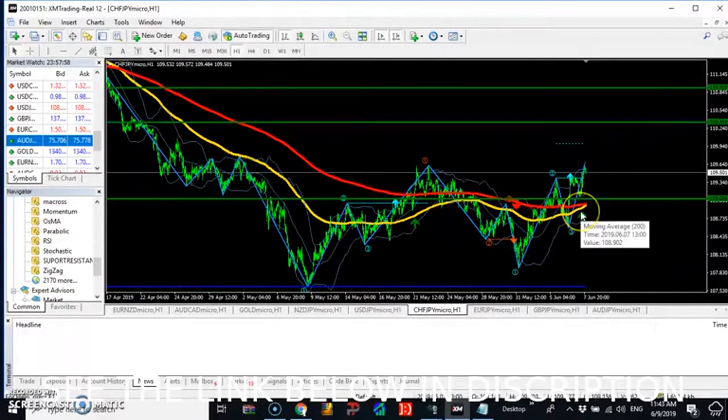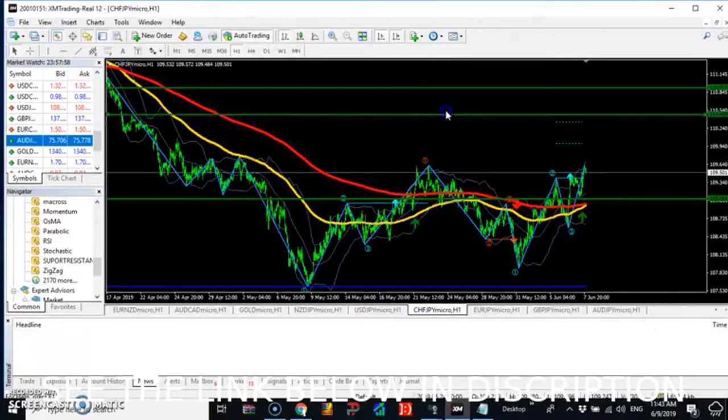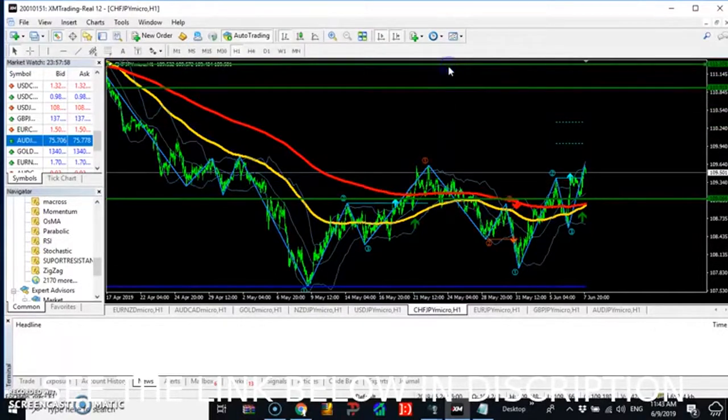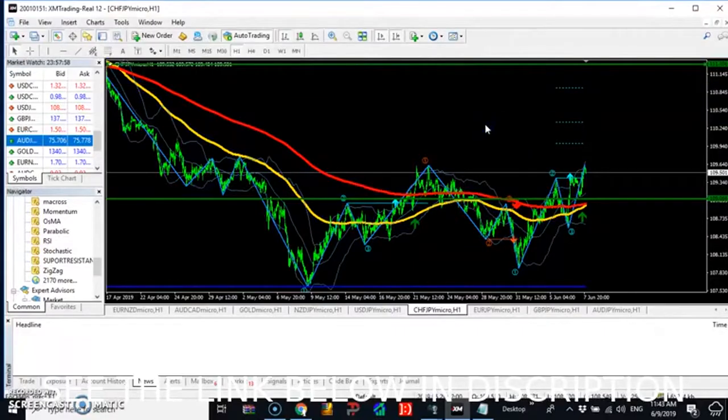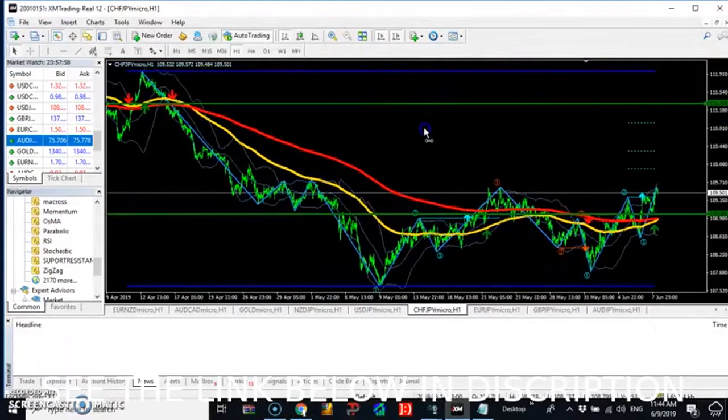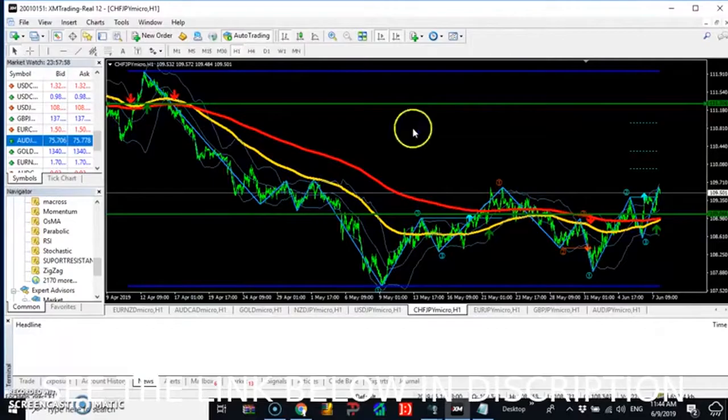you can say, okay, I can set my TP at the top of this chart. You can do that, or you can say, yes, look, that is where the next resistance is coming.